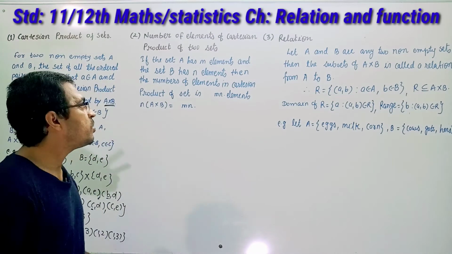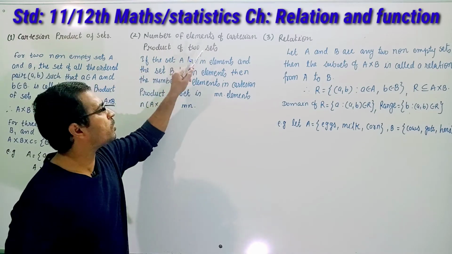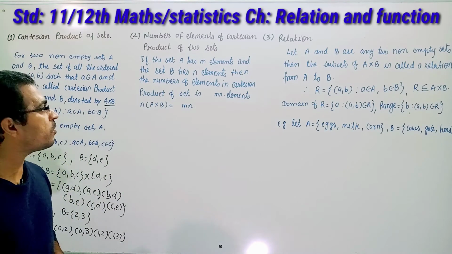Okay students, now the next topic is the number of elements of the Cartesian product of two sets. How can we find the number of elements of the Cartesian product of two sets?